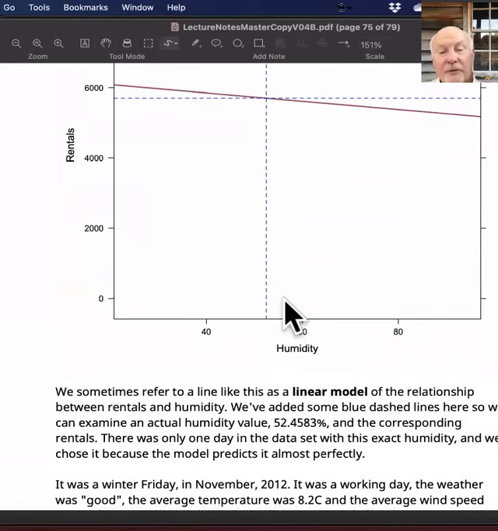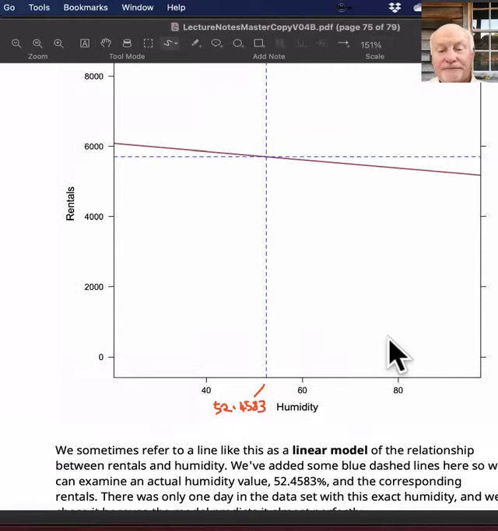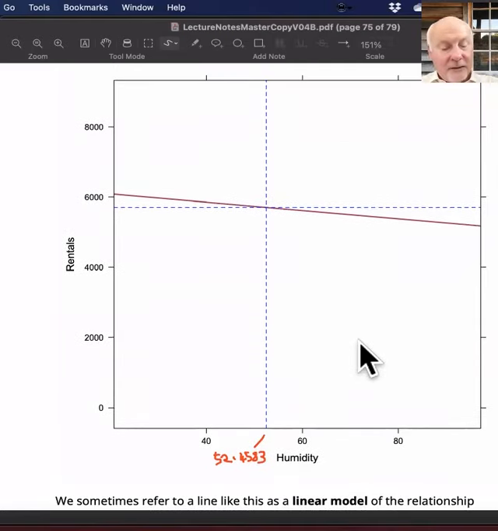So if we draw a line, so this line here, that is 52.98453. Okay. All right. So we draw the line up. We draw this little dashed blue line up there till we get to our model.